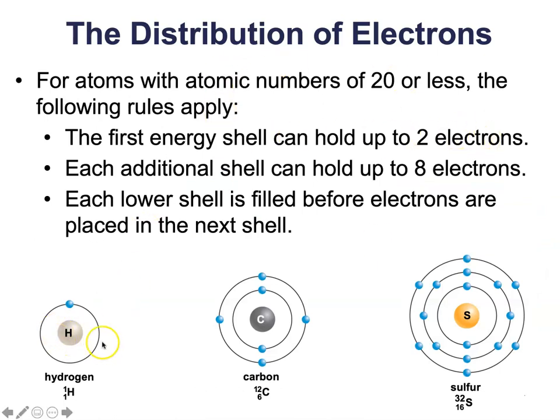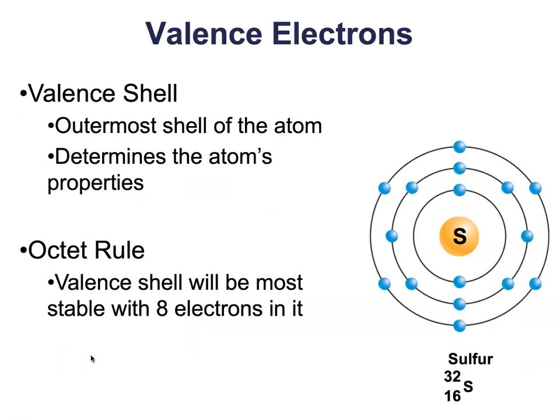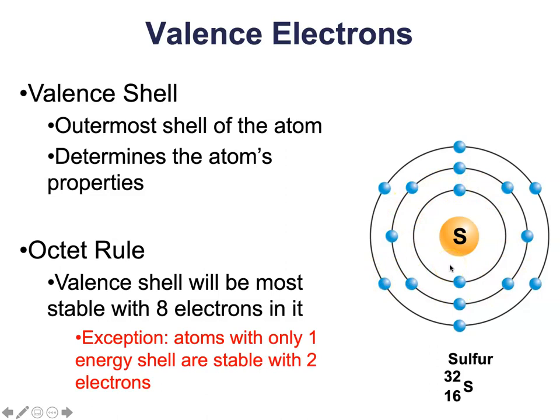So if we only have 1 energy shell, it's going to be the most stable and most happy if it's completely full. This second shell is only going to be happy if it's completely full. So the octet rule says that the valence shell will be most stable with 8 electrons in it, because any shell after the first shell is going to require 8 electrons. The exception being that atoms with only 1 energy shell are stable with 2 electrons.